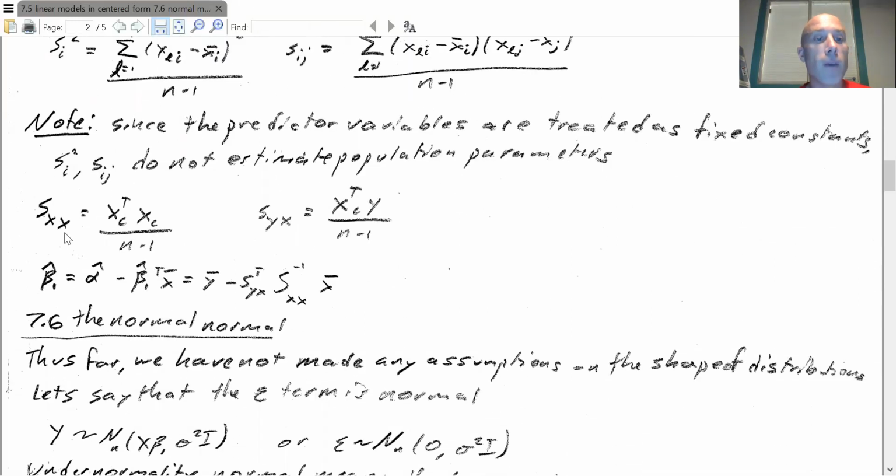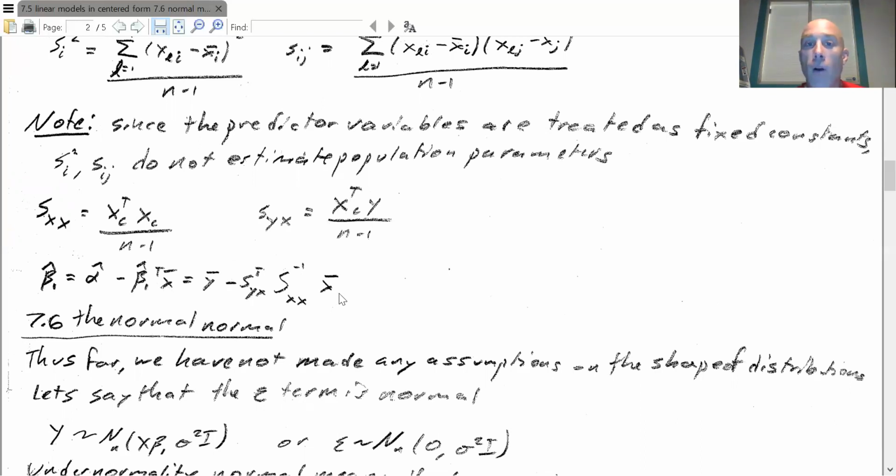Now I can write the sample variance covariance matrix in this format. And if I want S of yx, I can write it in this manner also. And then beta 1 hat is equal to alpha minus beta 1 hat transpose x bar, which is equal to y bar minus the covariance between y and x transpose times the inverse of the covariance of x matrix times x bar.